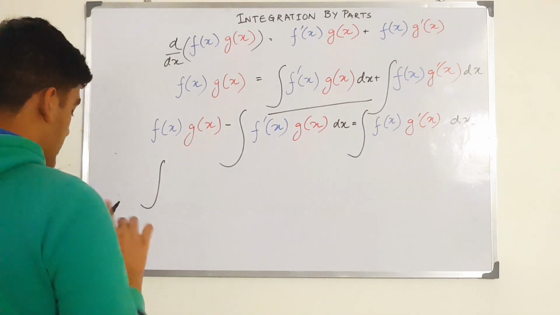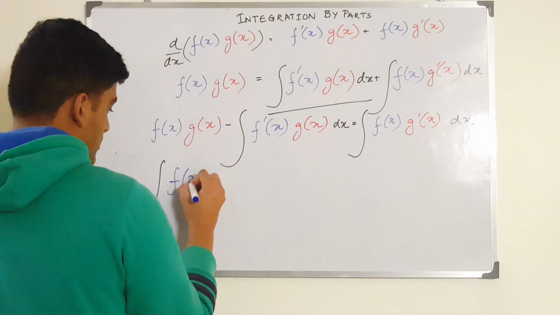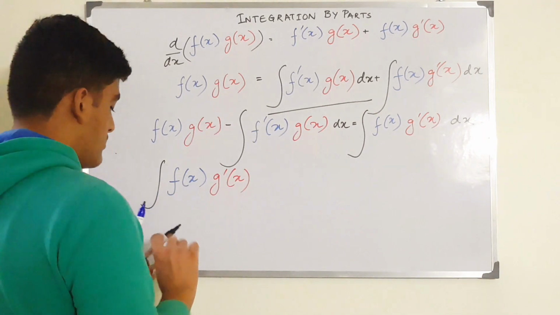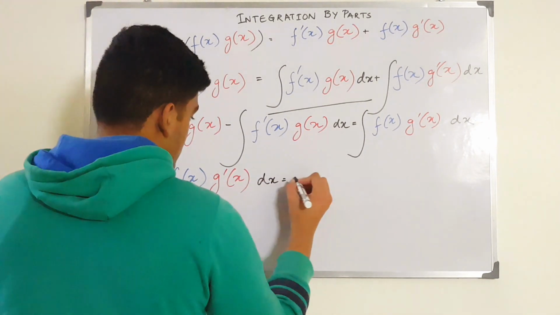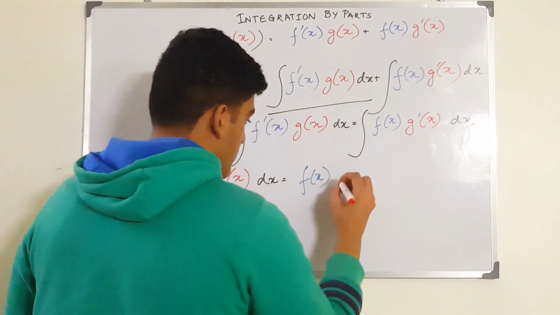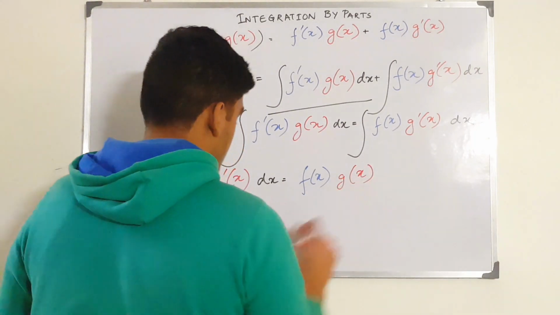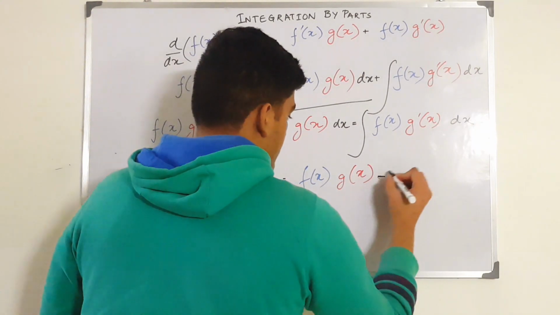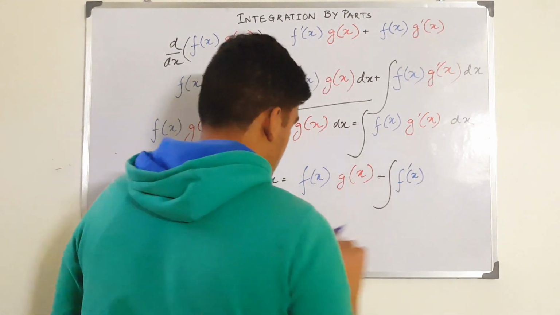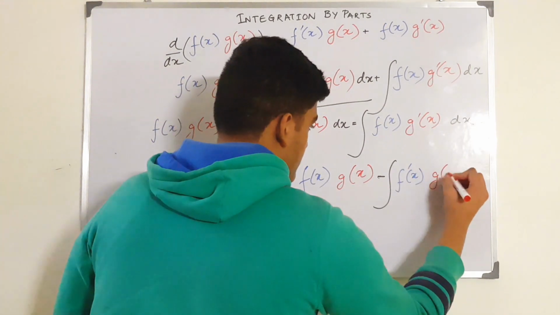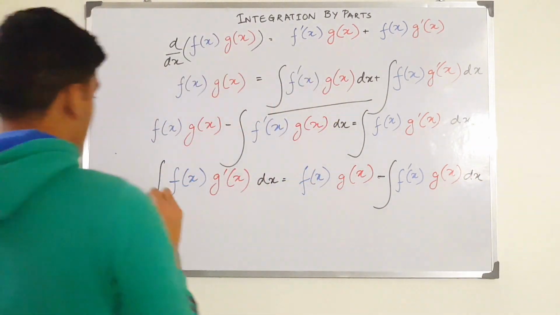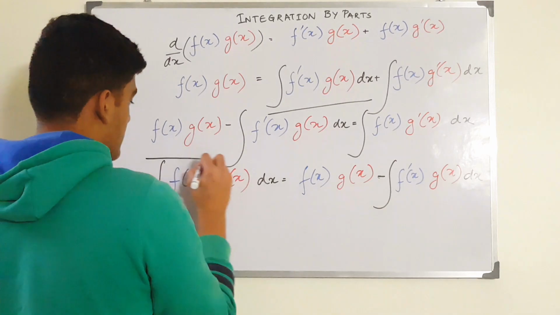And what we have is the integration of the first function multiplied with the differentiation of the second function is equal to the first function multiplied with the second function minus the integration of the differentiation of the first function multiplied with the second function. I'm just going to box this out.